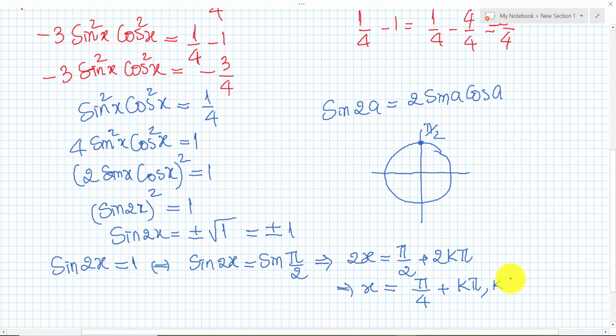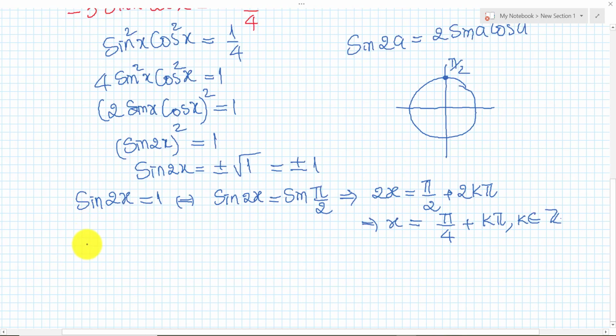If sin(2x) equals minus 1, we can write sin(2x) equal to sin of the angle, because we know if sine equals minus 1, the angle is 3 pi/2.